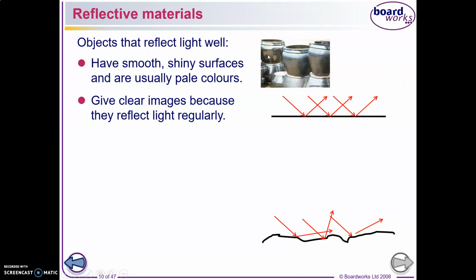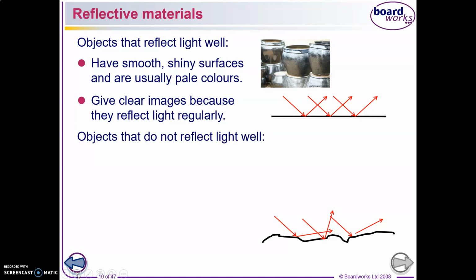That's why you can see your reflection in these objects straight. So again, the objects that reflect the light have smooth, shiny surfaces, they are usually pale, and they reflect the light regularly.